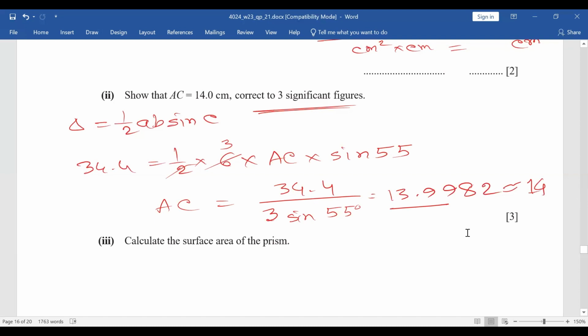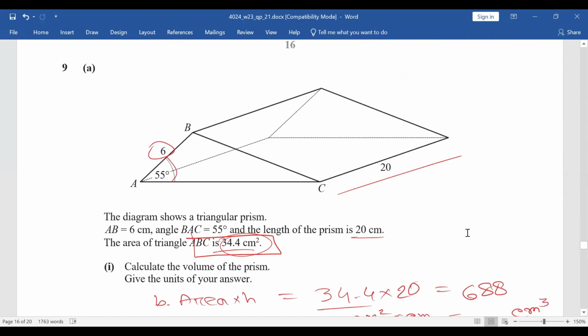Calculate the surface area of the prism. Okay. This prism has 1, 2, 3, 4, 5 surfaces. 2 of them are triangular, like ABC and this triangle.